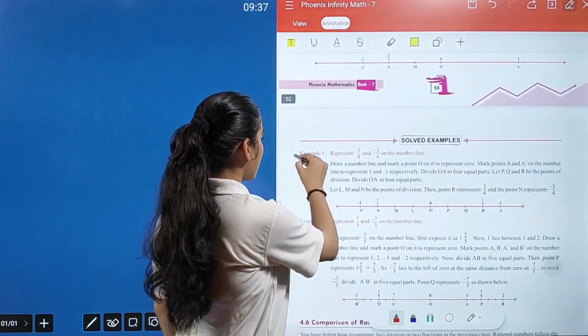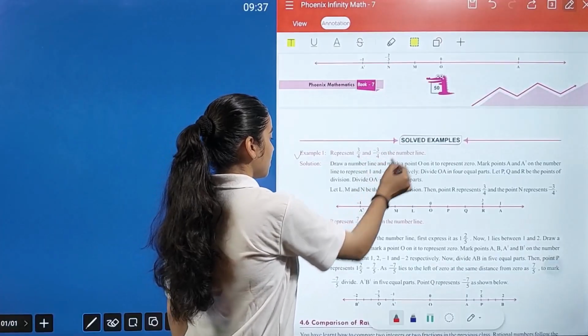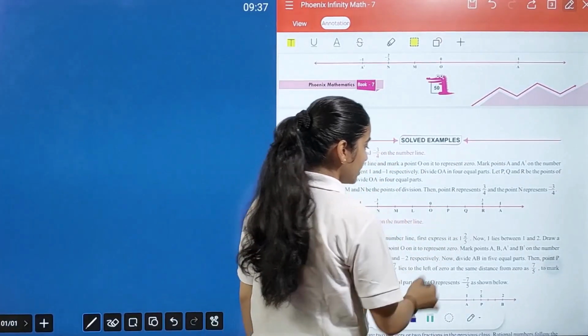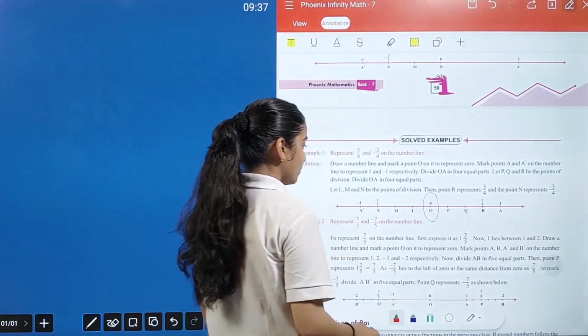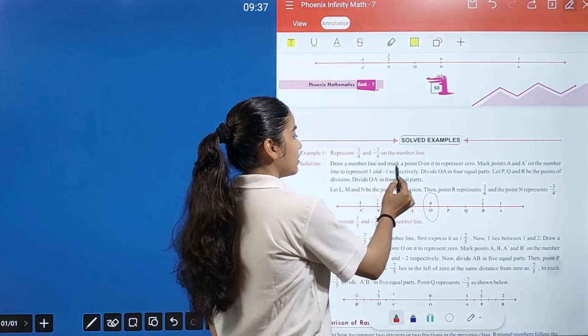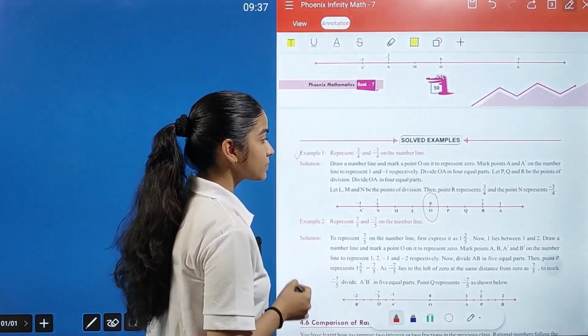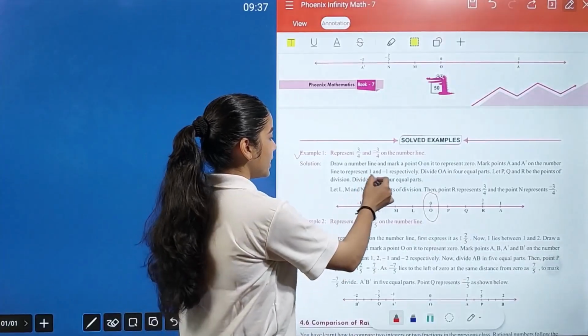So you have example number 1. Represent 3 by 4 and minus 3 by 4 on the number line. So first we have to draw a number line. In middle you have 0. Okay. After this you have to place your numbers. So draw a number line and mark a point O on it to represent 0. Mark point A and A1 on the number line to represent 1 and minus 1.